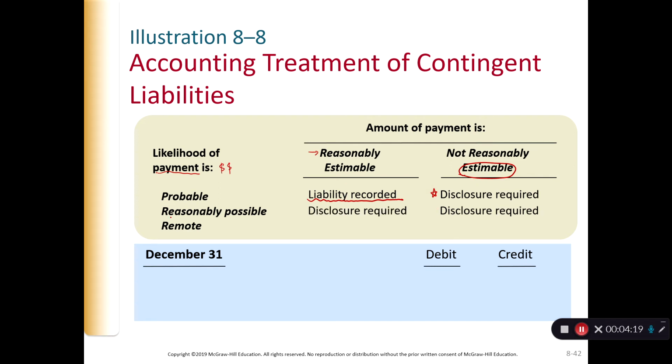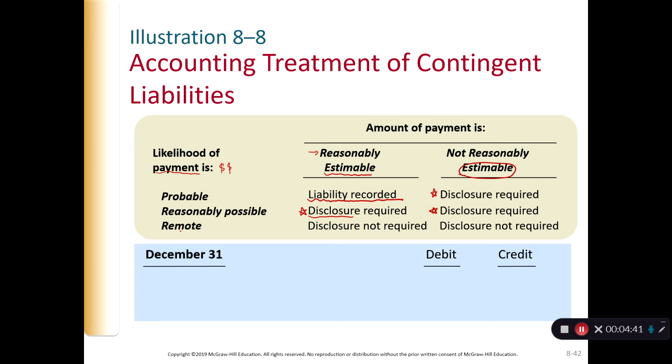Okay? And when it's reasonably possible, and we can also understand how much it is going to cost us, then we will disclose it only. When it's not able to be estimated while it's reasonably possible, we also want to disclose it as well.